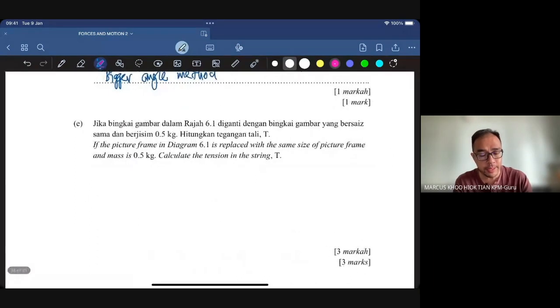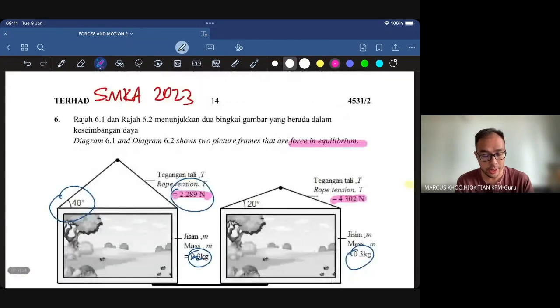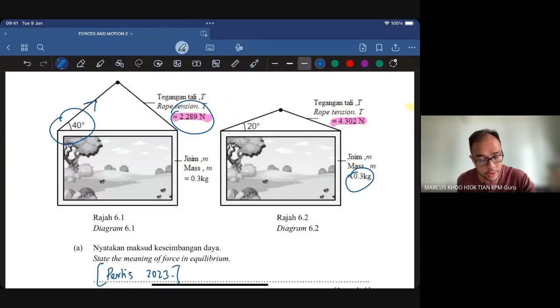If the picture frame in 6.1 is replaced with a picture frame of the same size, but the mass is 0.5 kg, calculate the tension in the string T. So this here is the weight.